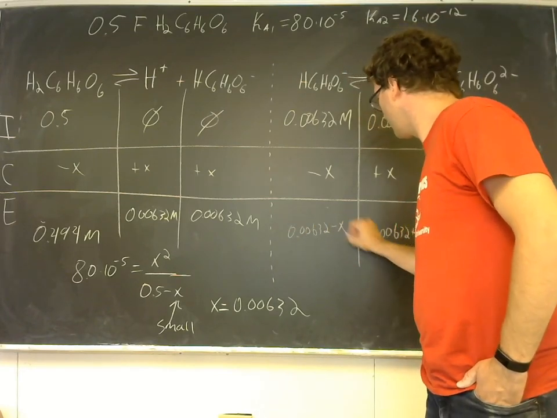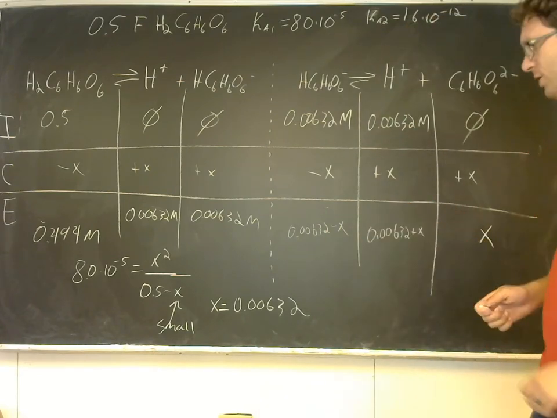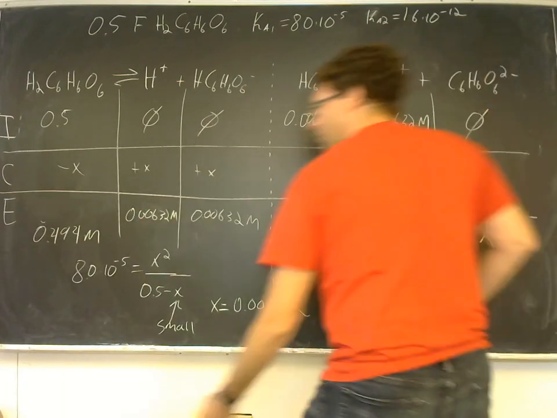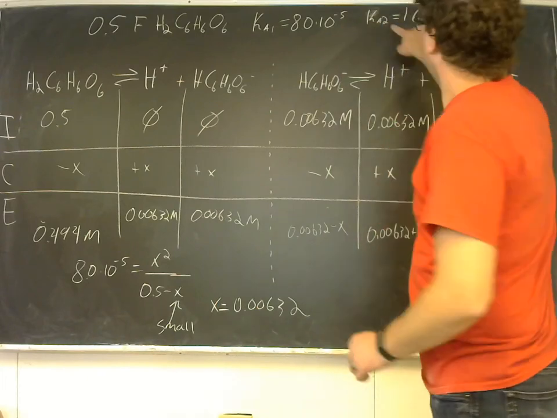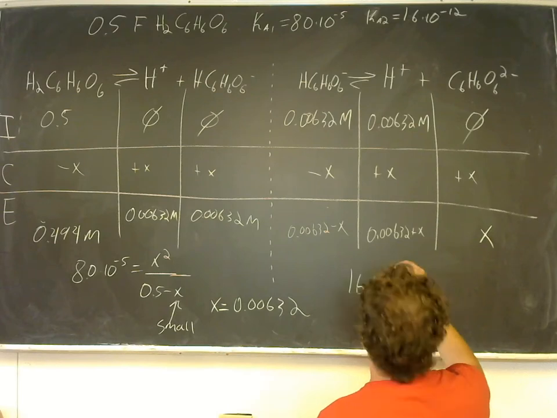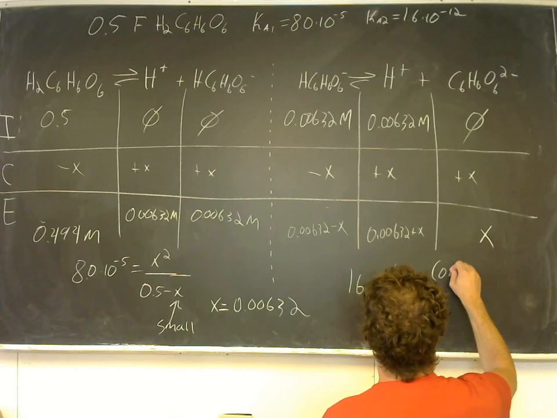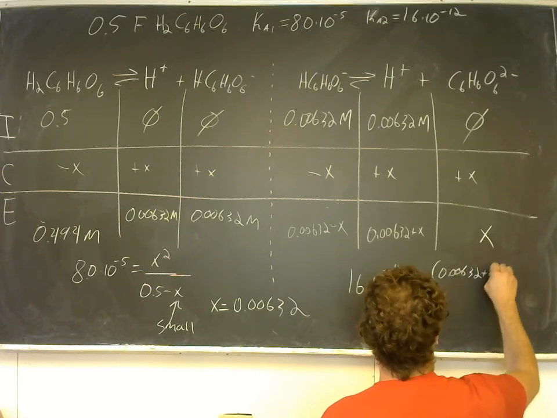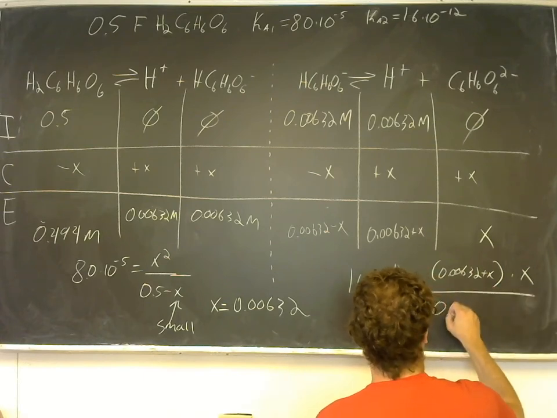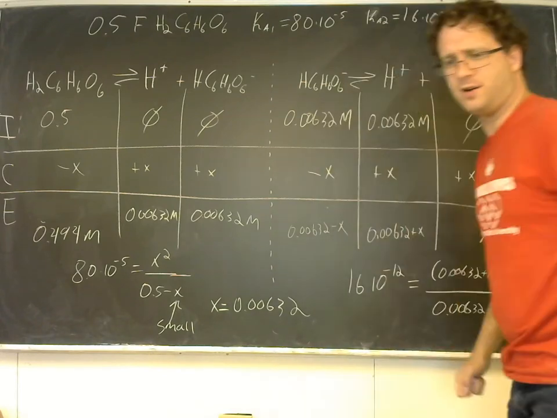And here we have 0.00632 minus x. Now this looks maybe like it's more complicated, but let's show you how it actually simplifies much more easily than the other one. We won't even need a calculator to solve this. Ka2, 1.6 times 10 to the negative 12th, is going to equal 0.00632 plus x times x in the numerator, and 0.00632 minus x in the denominator.